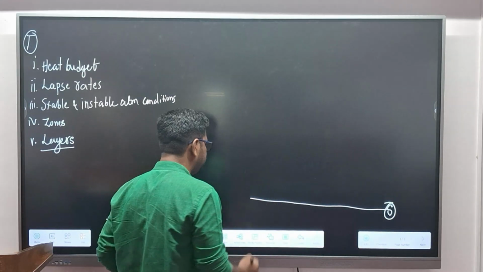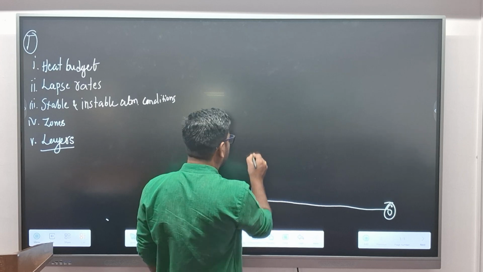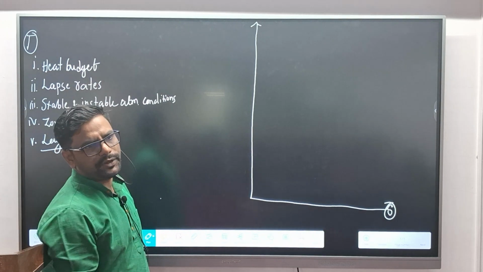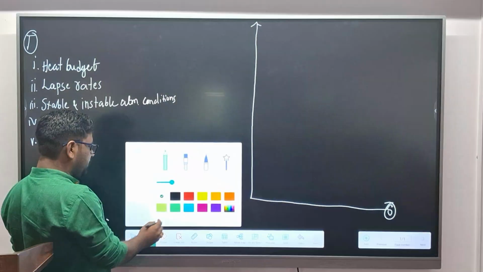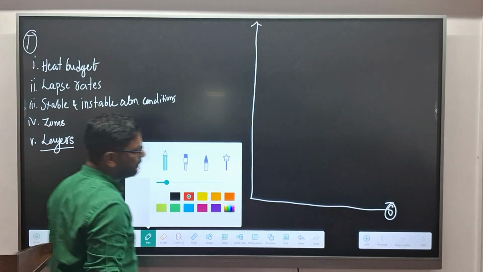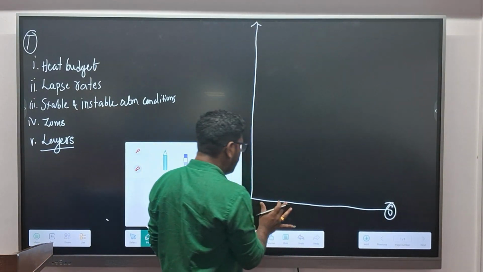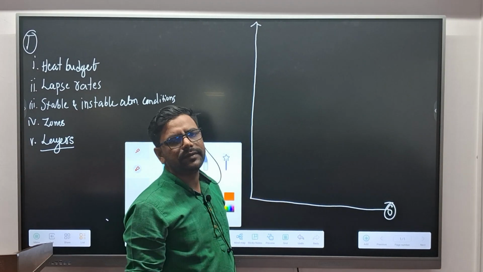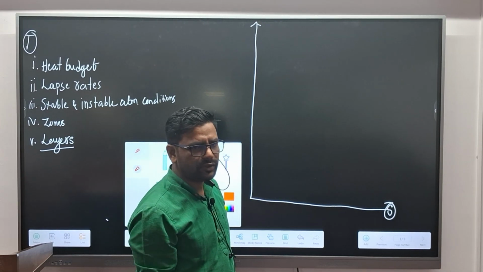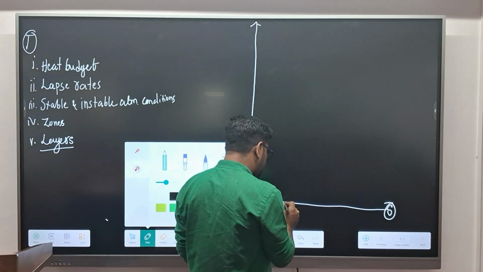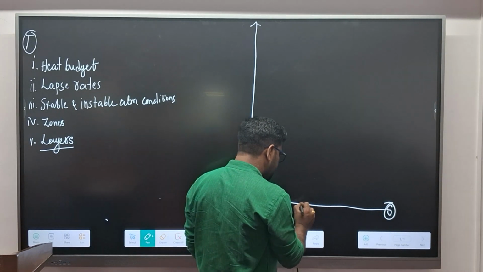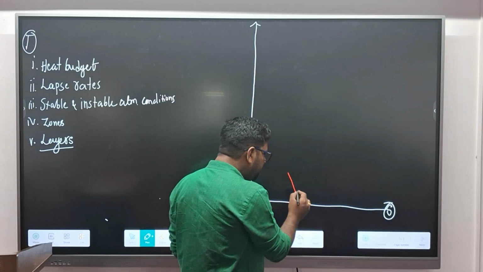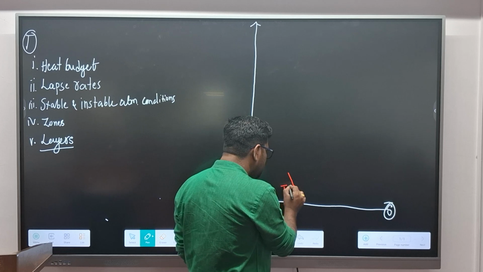What we knew is, if you are taking altitude, as you go up, temperature drops, right? This thing we already knew. So as you go up, temperature drops.